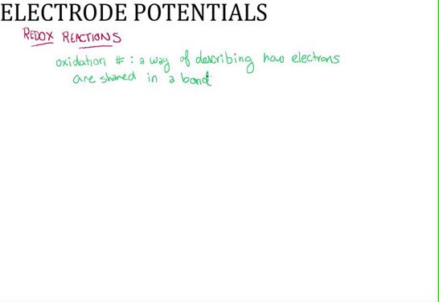So redox reactions, right? Redox reactions are essentially reactions in which atoms lose or gain electrons as new bonds are formed.